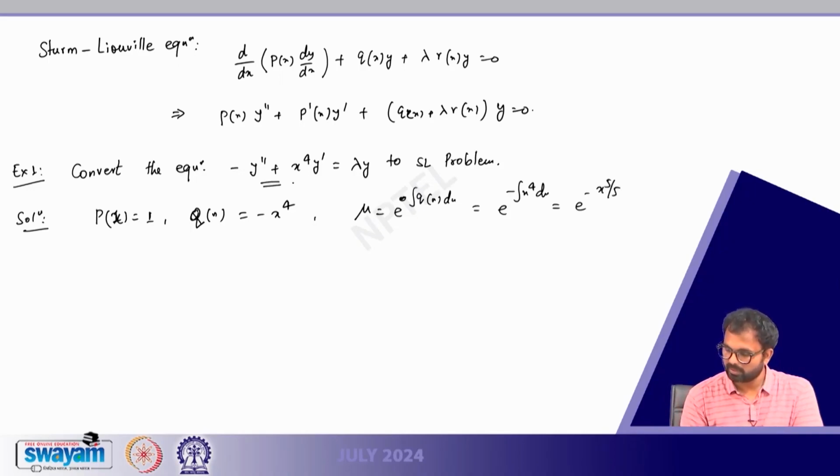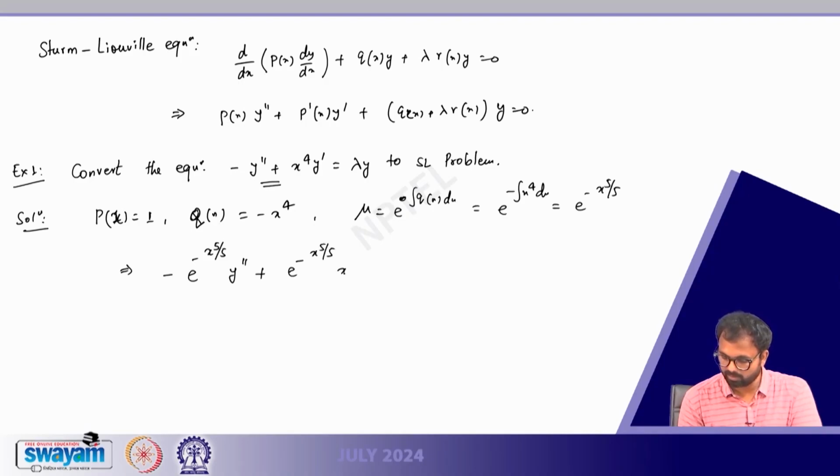So if I multiply this equation by e to the power minus of x to the power 5 by 5, then this will become minus of e to the power minus of x to the power 5 by 5 y double dash plus e to the power minus of x to the power 5 by 5 x to the power 4 y dash equals to lambda y e to the power minus of x to the power 5 by 5, right?